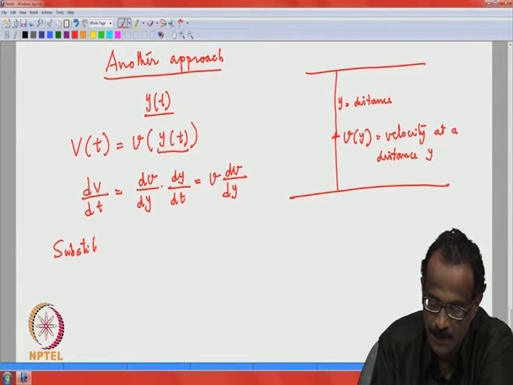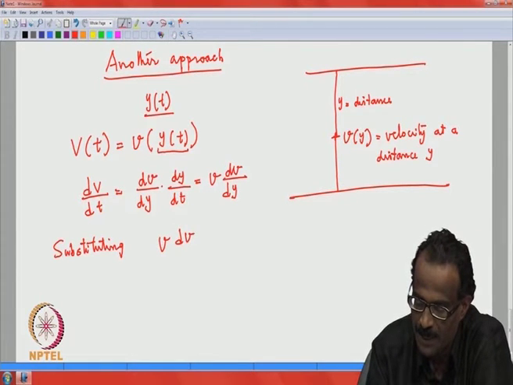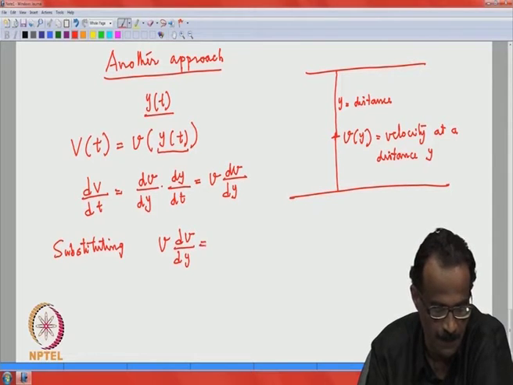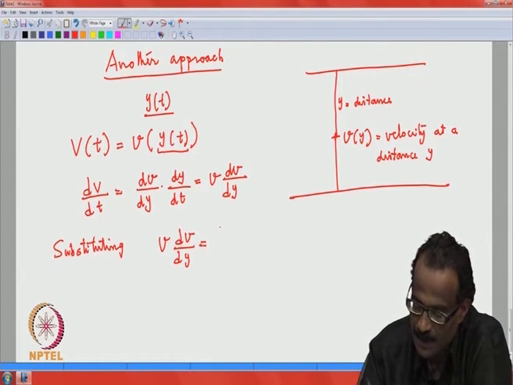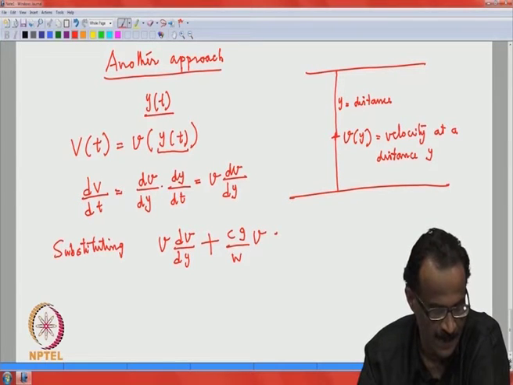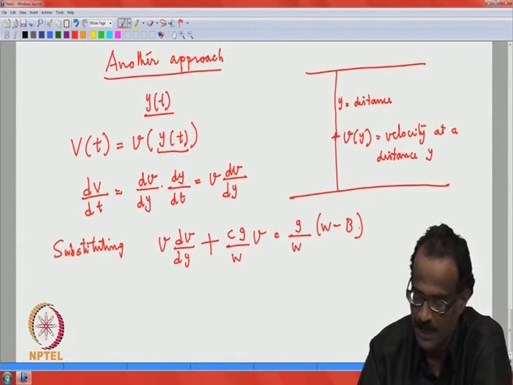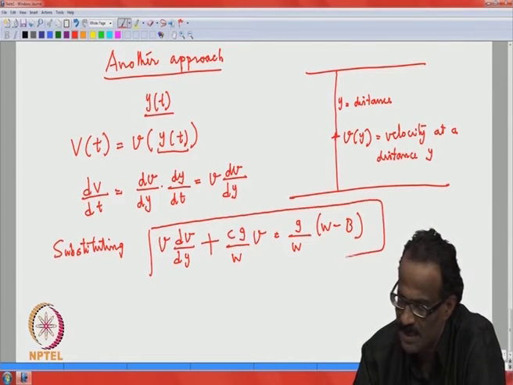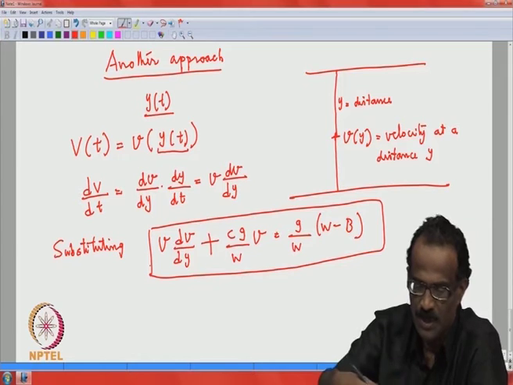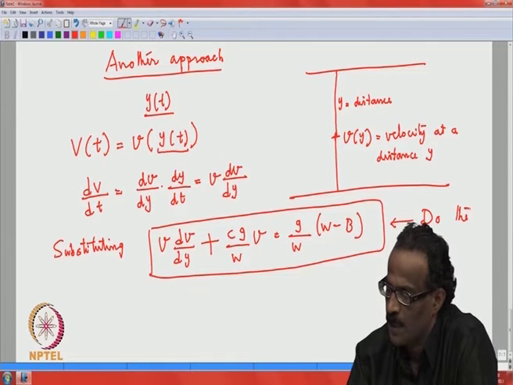What do you get? v times dv by dy is equal to, let me write the same equation, C g by W v equal to g by W, W minus B. You can derive to this form. If you do not get it, you can get this equation. These are all simple computations which you should do.